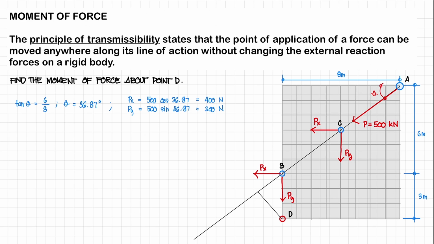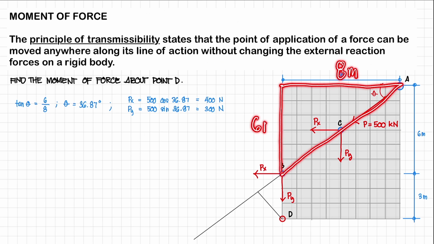So let's solve for the components. The first thing that we need is this angle, or angle theta. To solve for angle theta, we could consider this triangle. This triangle has sides 8 meters, and this one is equal to 6 meters.